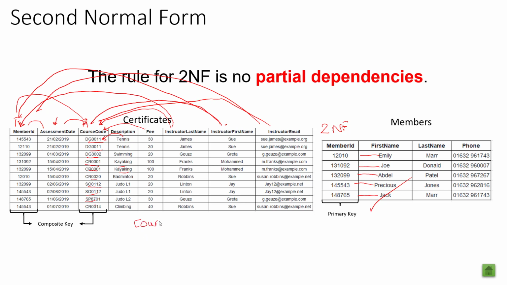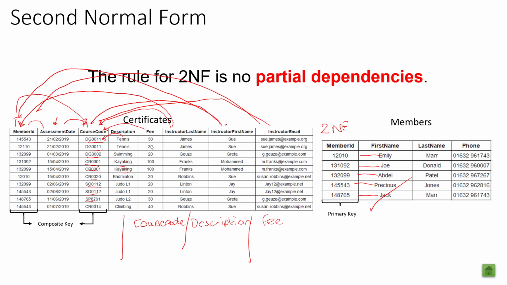I could have a primary key. That was the course code. Right? Course code. Then what goes with it? So what's dependent on just the course code? Well, the description is dependent just on that. And I said the fee was just dependent on that, so I'd have fee there as well. Right, description, course code, and fee.